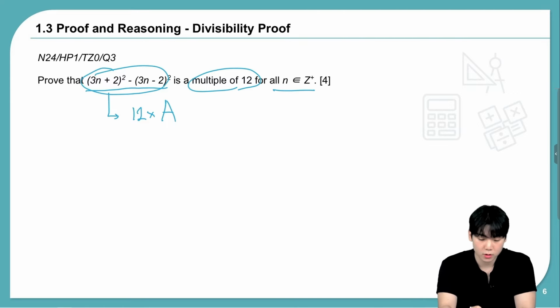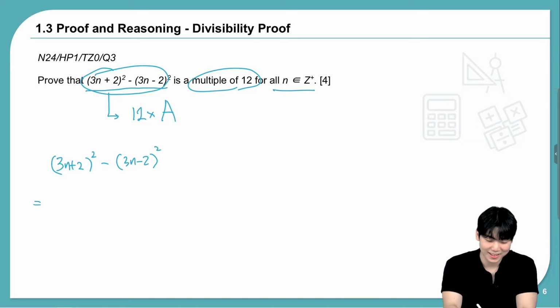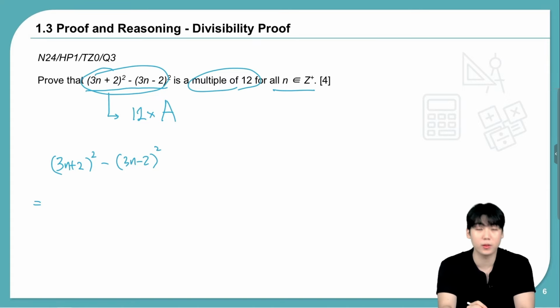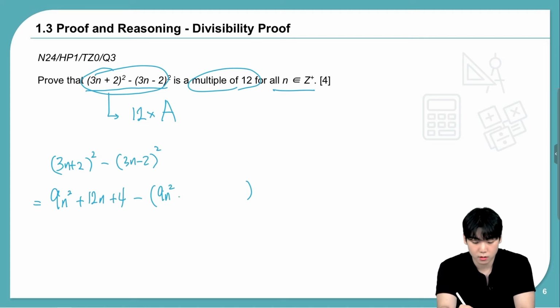Let's try that. So let me just expand this. I have 3n plus 2. I have a habit of rewriting the question. Let me just expand that. Now, applying the formula, I have 9n squared plus 12n plus 4 minus, all in the bracket, 9n squared minus 12n plus 4.